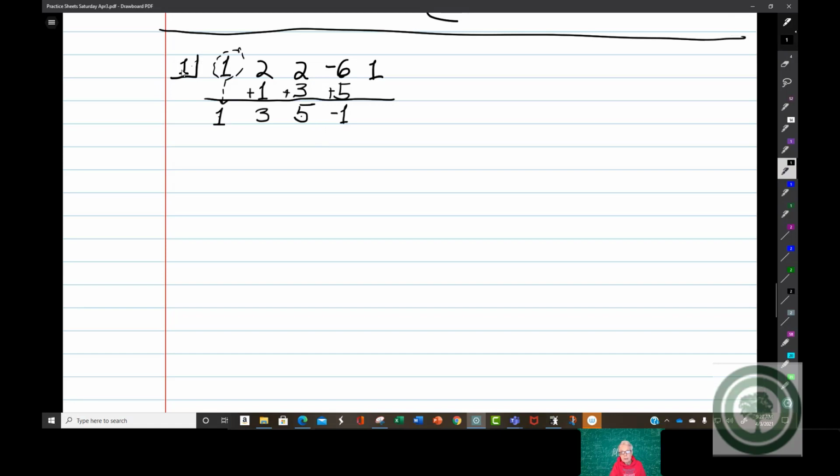Negative 1 times positive 1 is negative 1. 1 plus negative 1 is 0, which means this is a 0. 1 is a 0 of h of x.